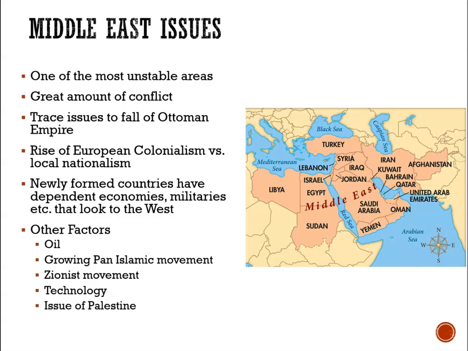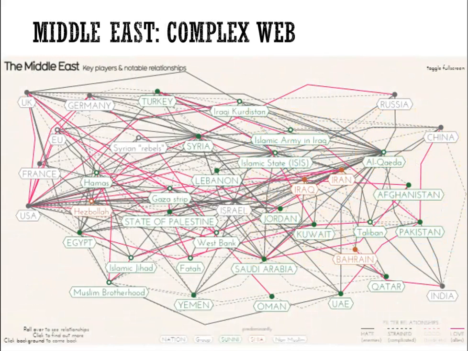Pan-Islamic, in other words, they want to unite all these regions together with Islam. The Zionist movement, which is a movement to create a nation state for Jews, Israel, primarily is what we see as the outcome of that. Technology, and of course the issue of Palestine, which is always problematic in this area.